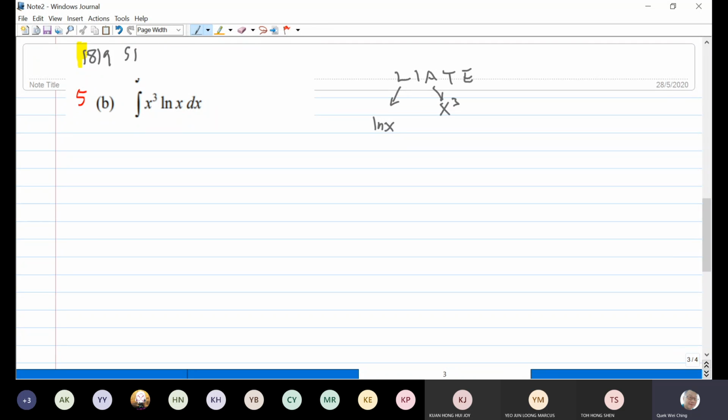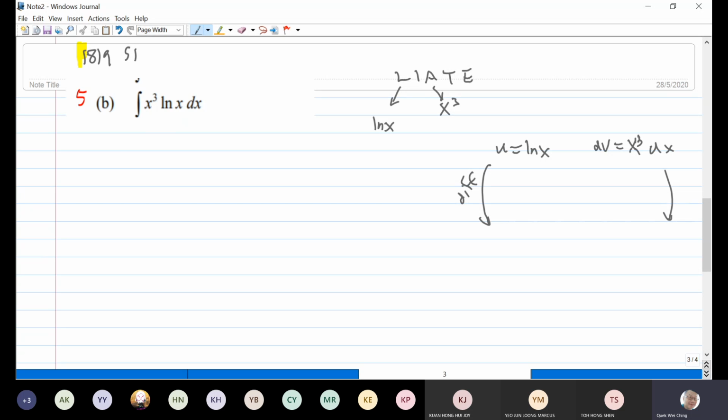So let U equal to log x here, and dv equal to x cubed dx here. For U, you have to differentiate. For V, you have to integrate.